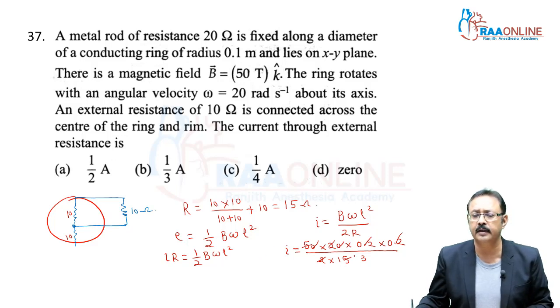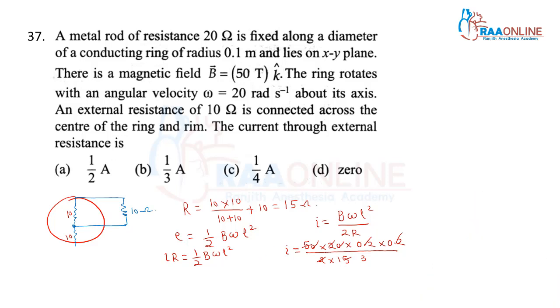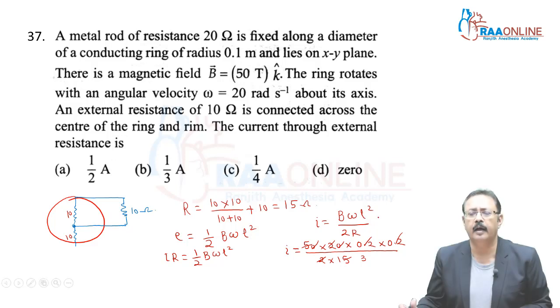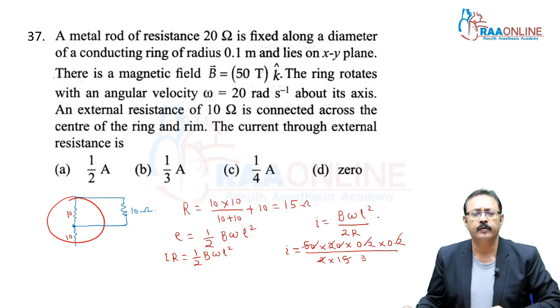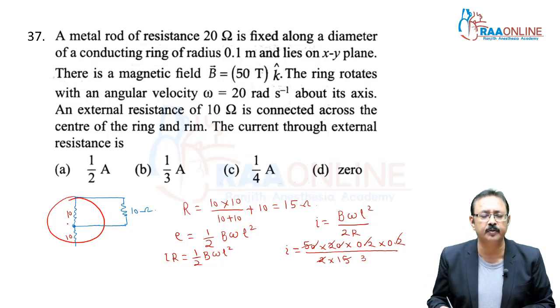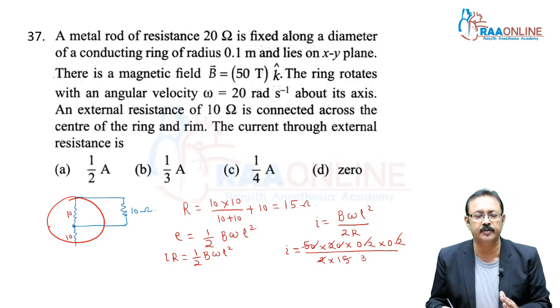We got the resistor, 3 is there, conducting ring of radius 0.1 meter. Radius is given 0.1 meter. B is 50, yes, omega is 20, B omega. L is, oh, we are connected with this and it is rotating about its axis. So if it is rotating about this, this length is moving.